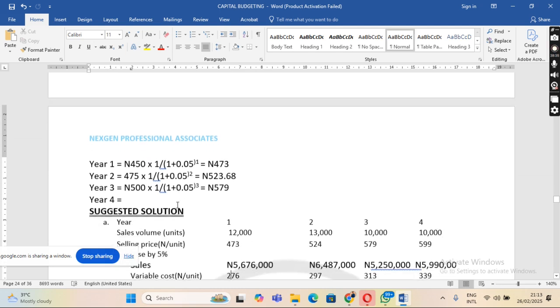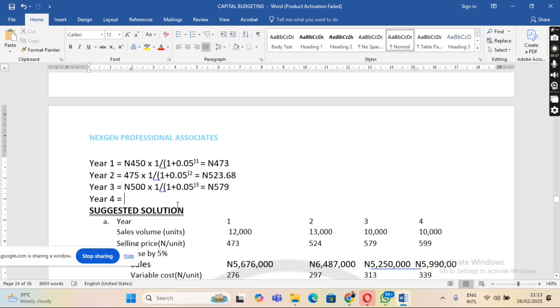I will only do the selling price, so you will complete the workings on this part. 560 or 570? Confirm. Is it 560 or 570, class? Raised to the power of 4. 570. Thank you. What do you have? 693.